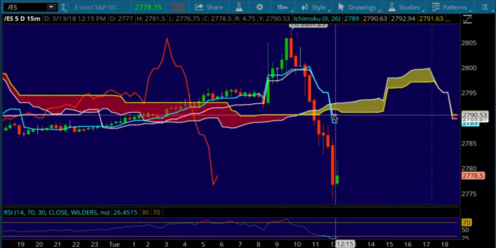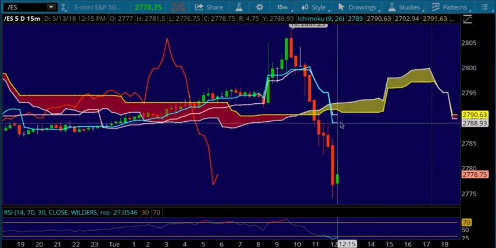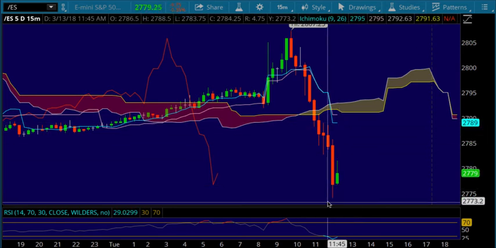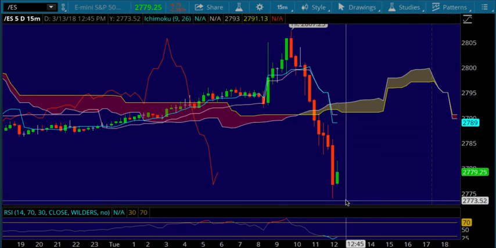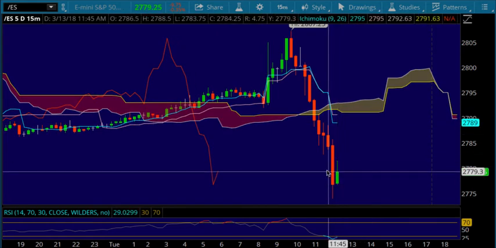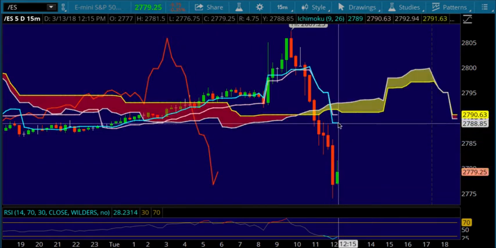So you see that the Tenkan-sen and the Kijun-sen have both gone flat here. When that happens, it requests a bounce. It requests reversion back towards the mean. And the Tenkan-sen is currently at 27.89. So we could get a bounce that goes all the way up there, but I think that the bounce is likely going to fail, and that we'll move lower.